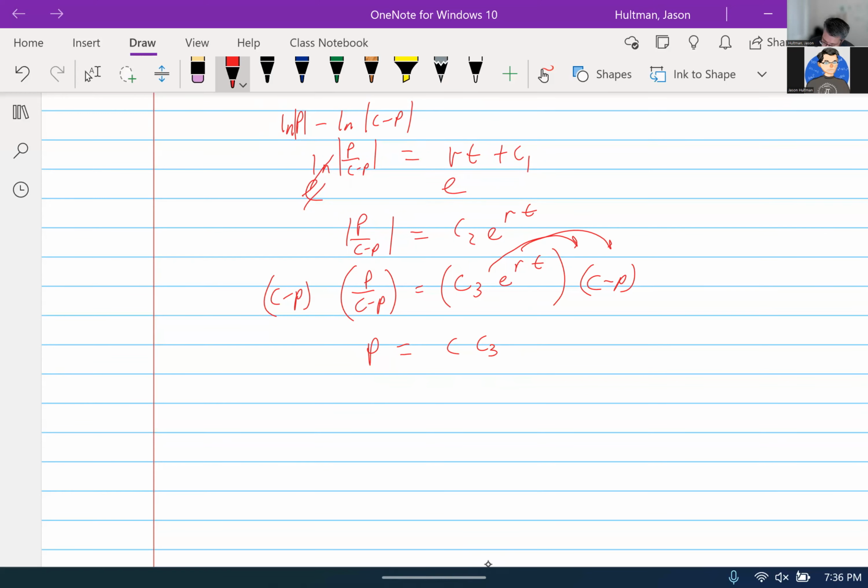C is my carrying capacity. Remember that's b naught over d naught. So those are two different C's. The C3 is just a constant of integration. And then that's e to the rt minus C3 p e to the rt.